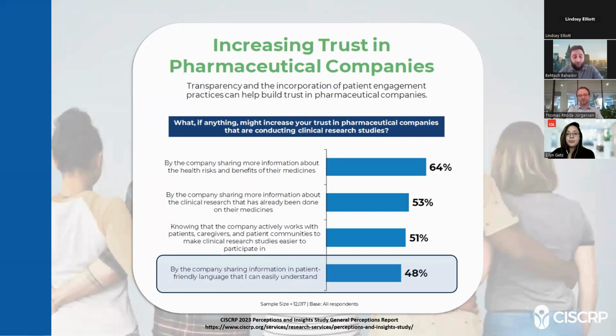And actually, the third ranked item is knowing that a company actively works with patients and caregivers and patient communities to make clinical research studies easier to participate in. So both of those elements show further value in addition to, of course, meeting these expectations of the research ethics committees and the NHS in the UK.